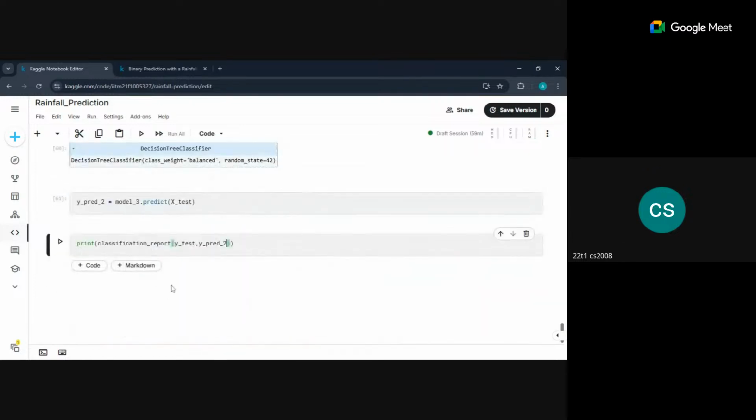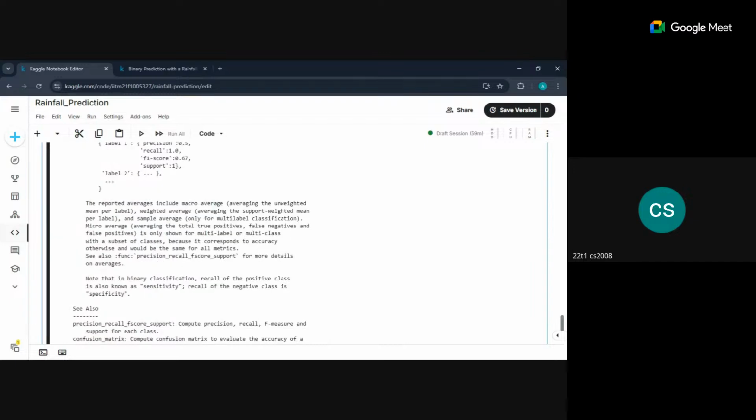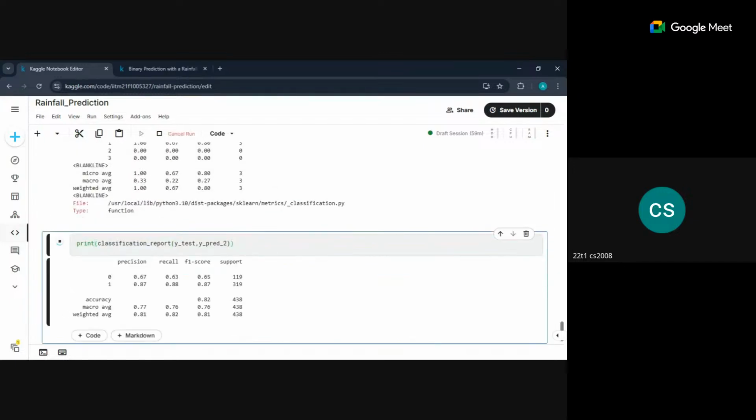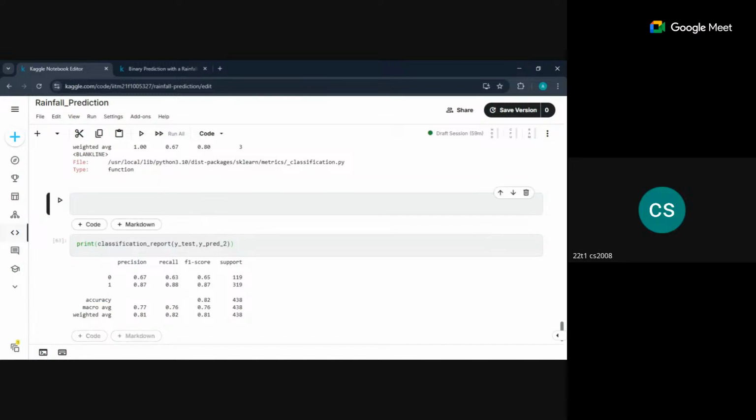Let's actually just check. We go here, classification report. So y true comma y pred is there. Yeah, do we see an improvement? Let's put the previous one side by side.